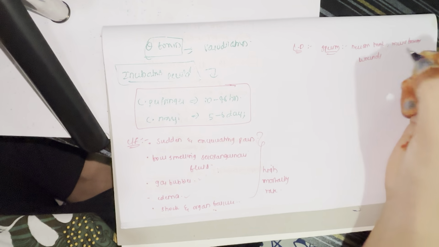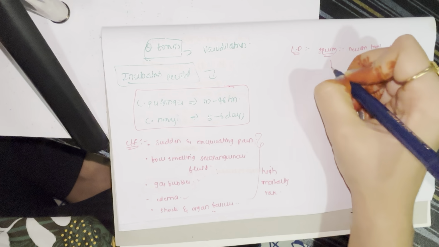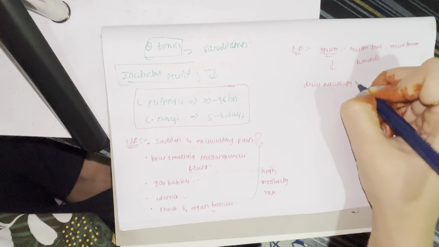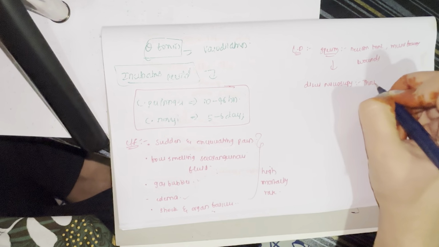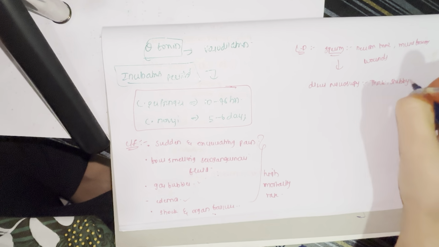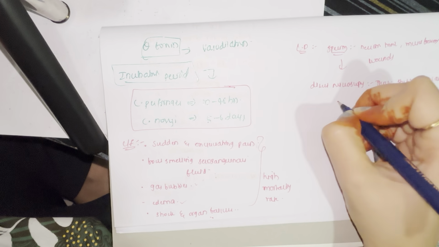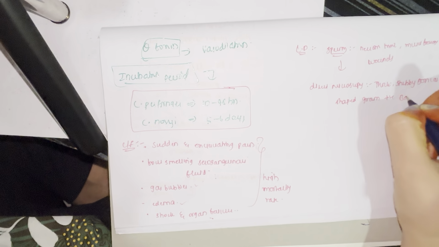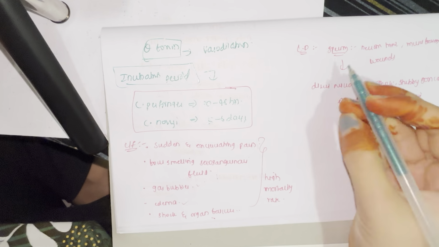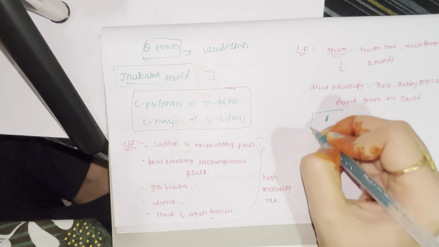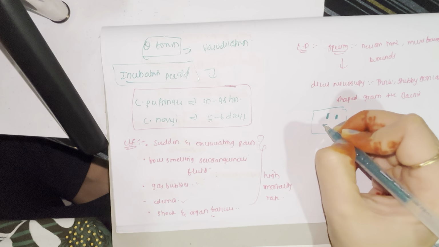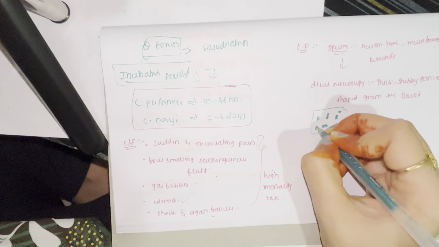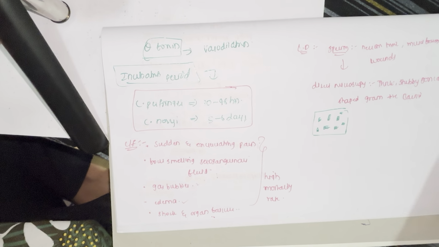Under direct microscopy, you will see thick, stubby, boxcar shaped gram positive bacilli. This you need to draw in the examination.